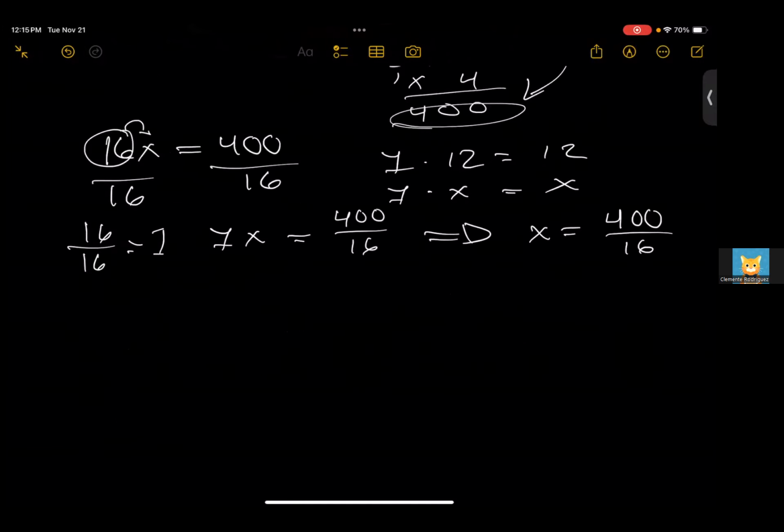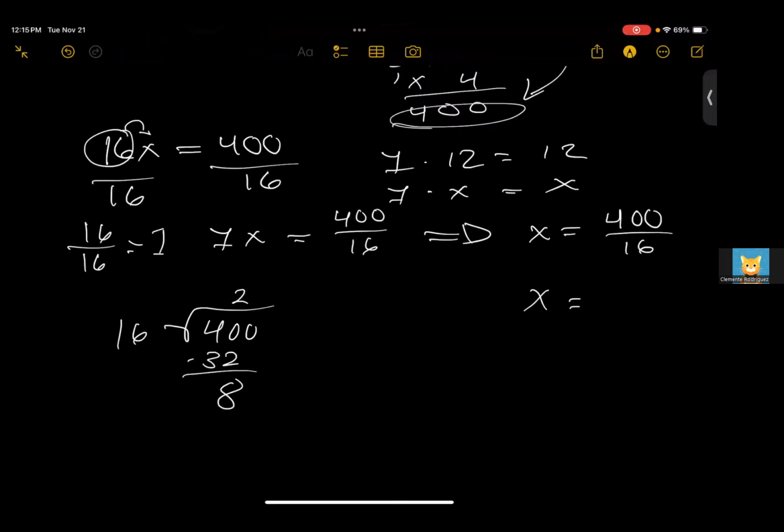What is 400 divided by 16? Let's find out. 16 can't go into 4, but it can go into 40. 16 times 2 gives 32, so we'll subtract 32.